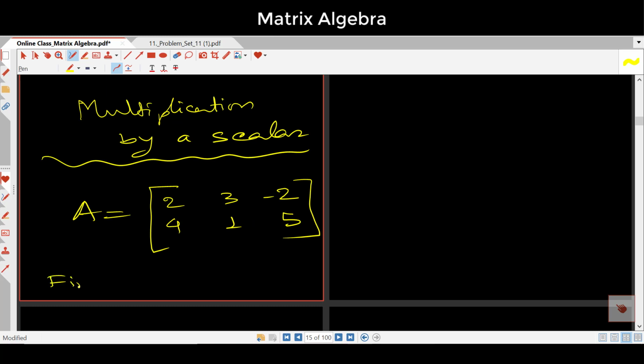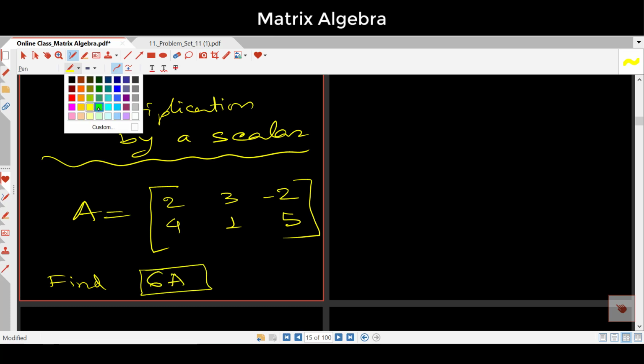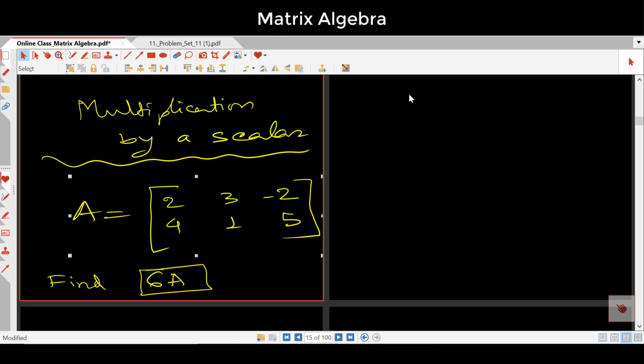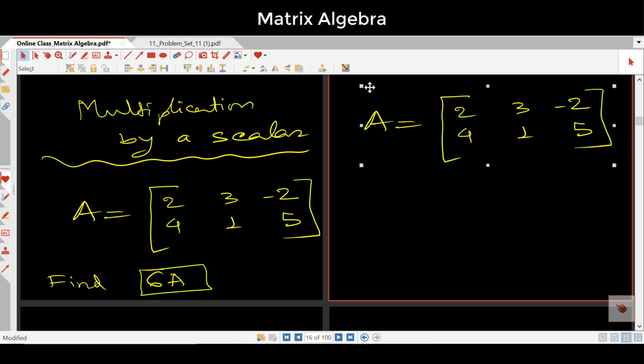Now you were asked to find, let's say, 6A. So we have to find 6 times A. How can we do this? This is very easy. So we have the same matrix A. You have to write here similarly. This is our A matrix.